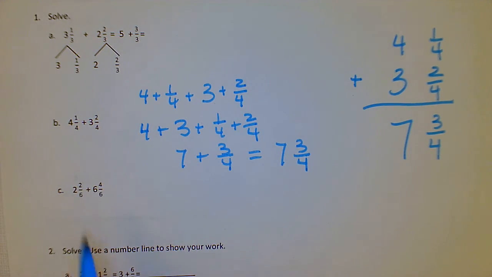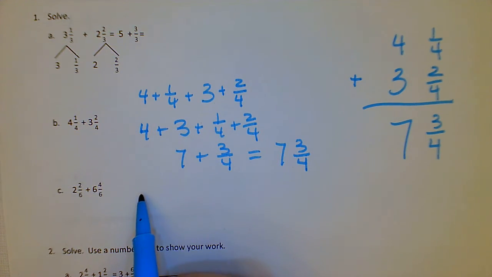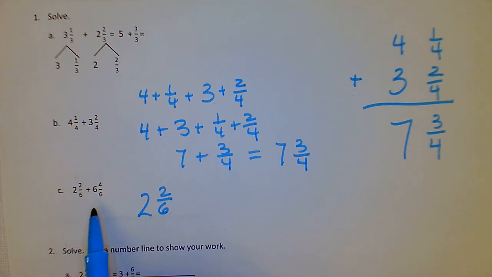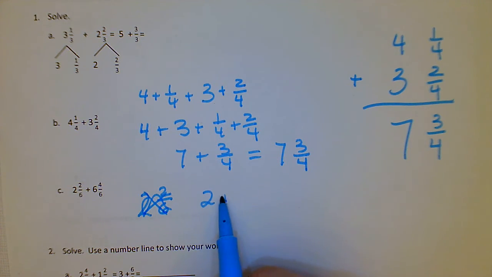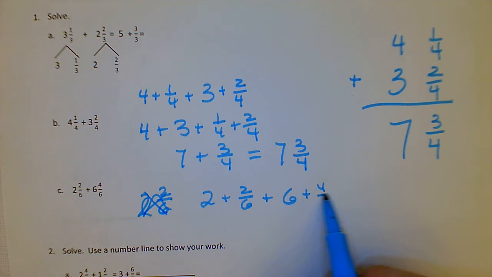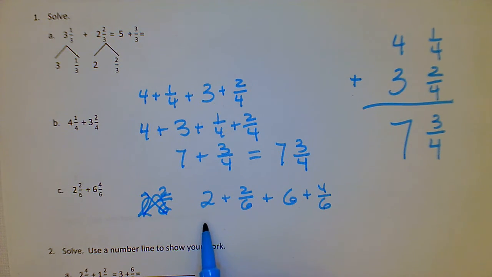So here we're going to have 2 2/6 plus 6 4/6. And actually, let me start pulling them apart already. So we're going to have 2 plus 2/6 plus 6 plus 4/6. And now I can use the commutative property to switch those around.